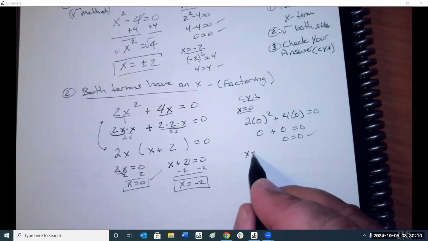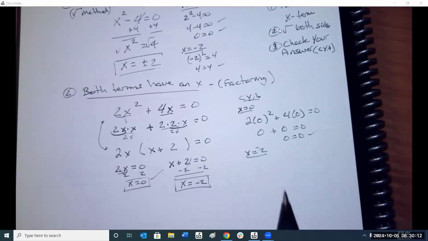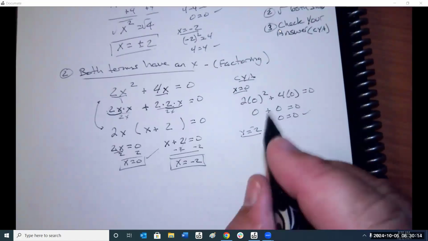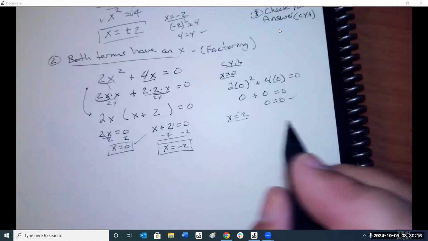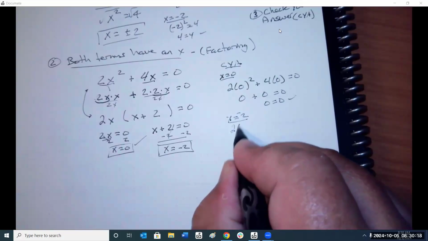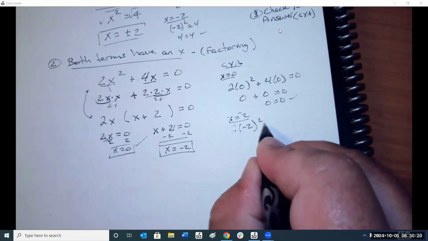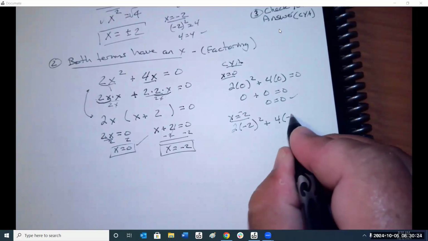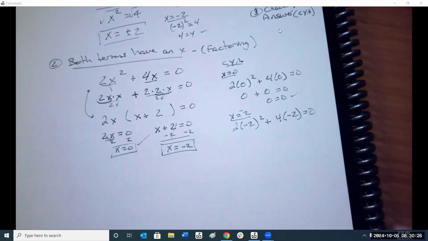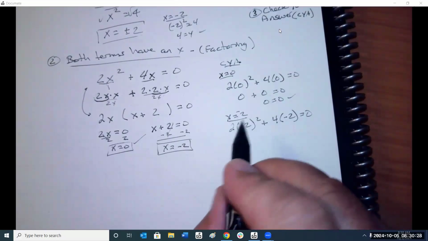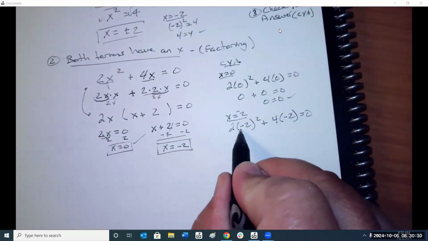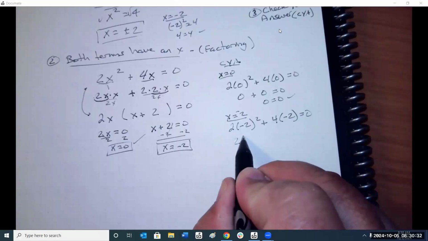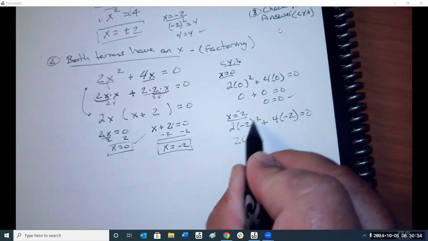Then x equals -2. I have 2 times -2 squared plus 4 times -2. So order of operations, I do the parentheses first, exponent, -2 squared.